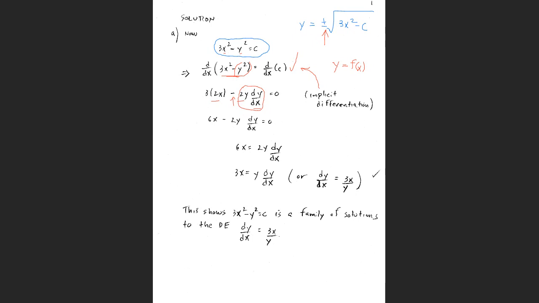What rule are we using there? Good, Hyung and Michael. The chain rule. Then the derivative of a constant is 0, and so now we get 6x minus 2y dy/dx equals 0. Are there any questions up to this part here?